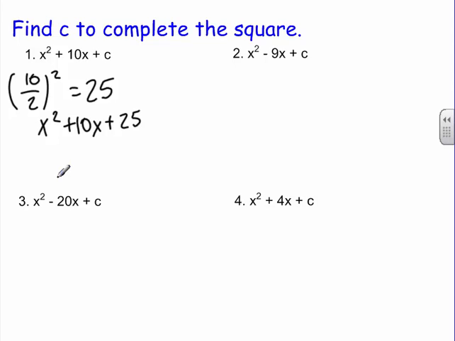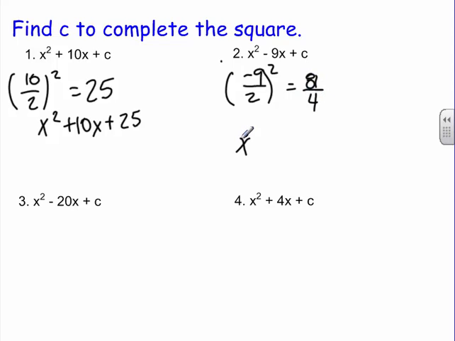Okay, let's try the next one. Once again, I want a new c. This time it's an odd number, which means I'm going to end up with a fraction. So negative 9 is my b, divided by 2, squared. That is 81 over 4. Just square both numbers. 81 over 4 is my new c.